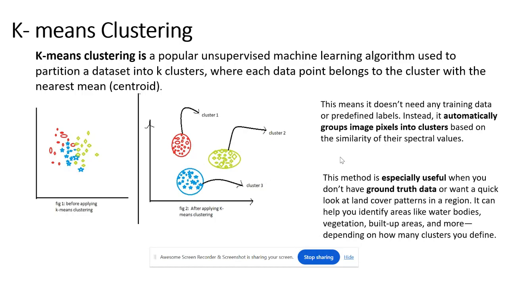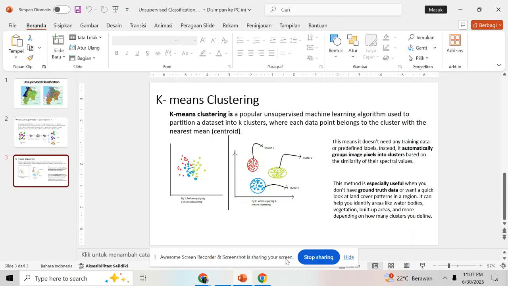This method is especially useful when you don't have ground truth data and want a quick look at land cover patterns in your region or in your ROI. It can help you identify areas like water bodies, vegetation, built-up areas, or more, depending on how many clusters you want to define.